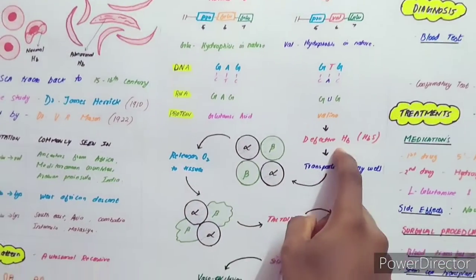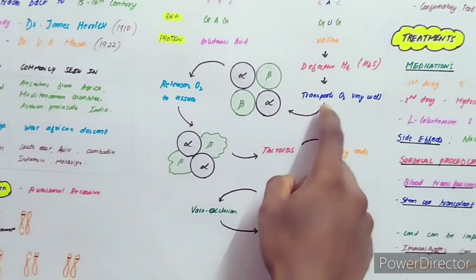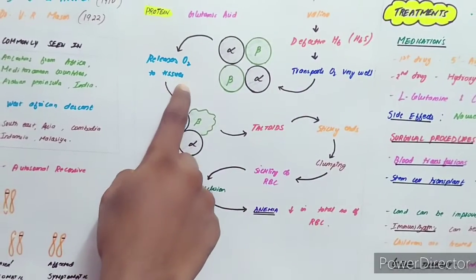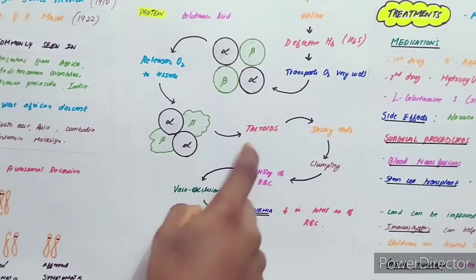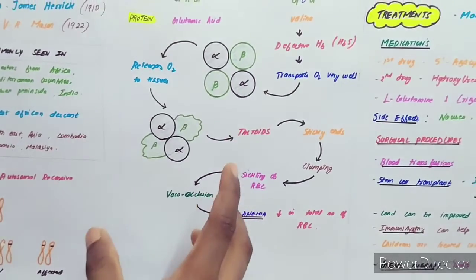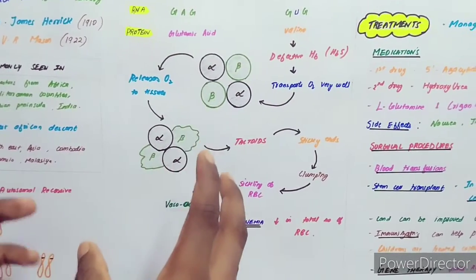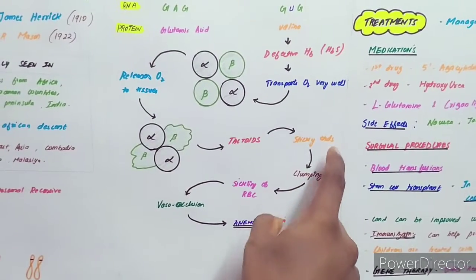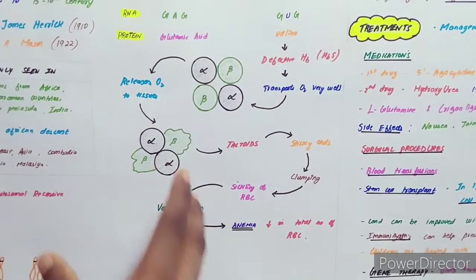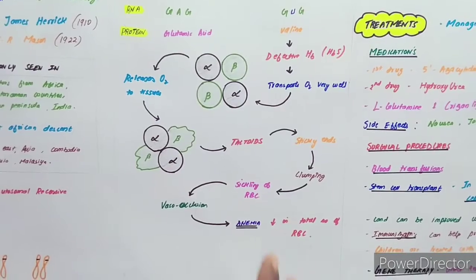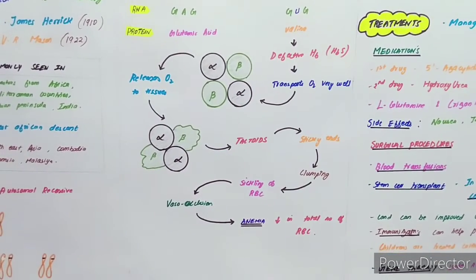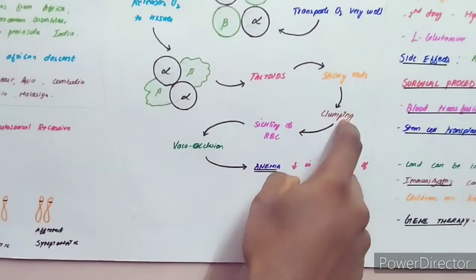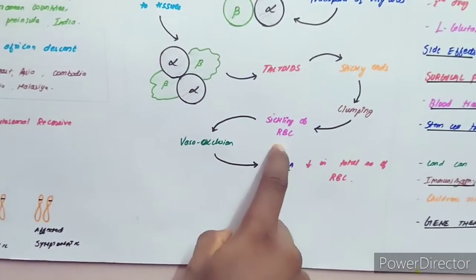This defective hemoglobin will transport oxygen very well, and once it releases the oxygen into the tissues, they form a structure called tactoids, where the beta globin chains are crystallized and have sticky ends. These sticky ends of the beta chain will adhere to other HbS molecules and result in clumping or polymerization, which results in the sickling of RBC.